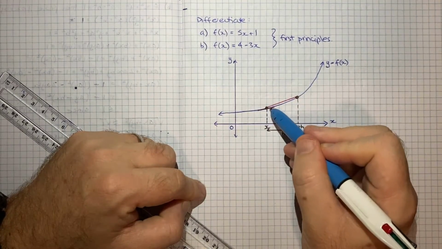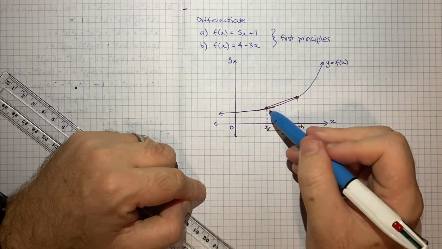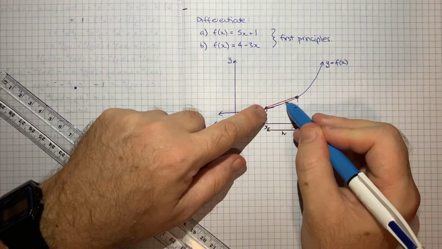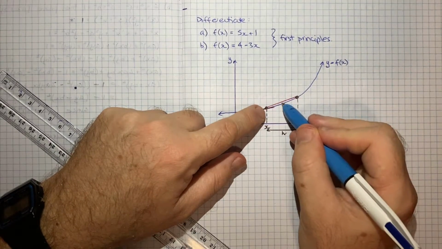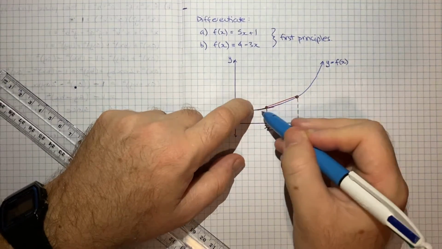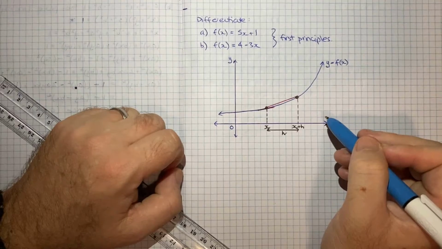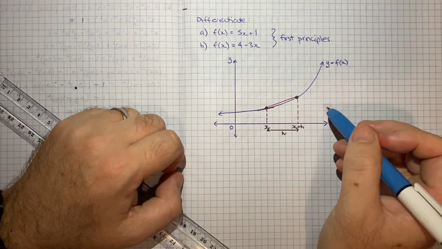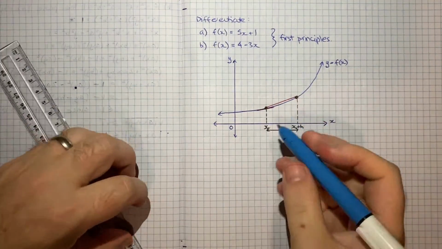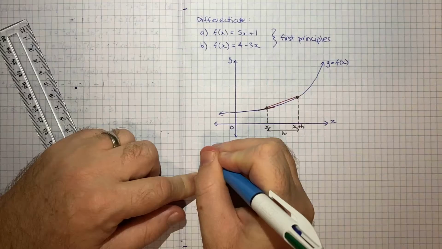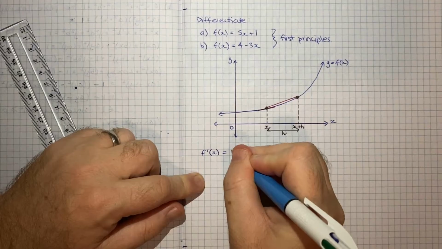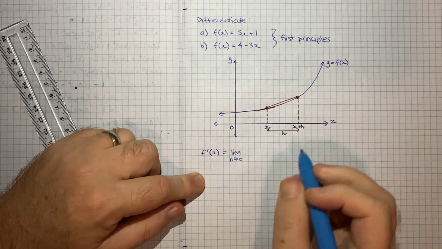This line and this tangent will almost converge and become the same thing as h gets really, really small, or in other words, as these two dots get closer and closer together, you essentially will end up with just a single point, so that the tangent and the secant become the same thing. And so the way that that gets translated into calculus is that the derivative of a function, which we can denote with f dash x, is equal to the limit as h goes to 0.